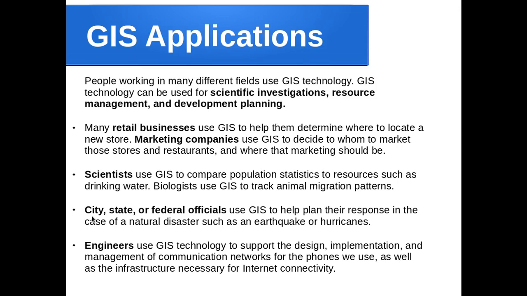Also, the states or the federal officials can use the GIS in order to plan their response when an event happens, which means that in the case of a natural disaster, they can in some way model and predict where would be the most secure locations where they could put the people. And also engineers have a use for the GIS.